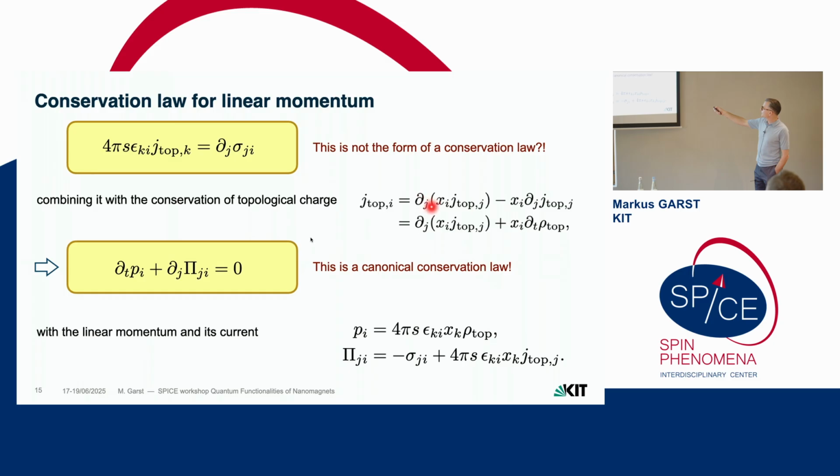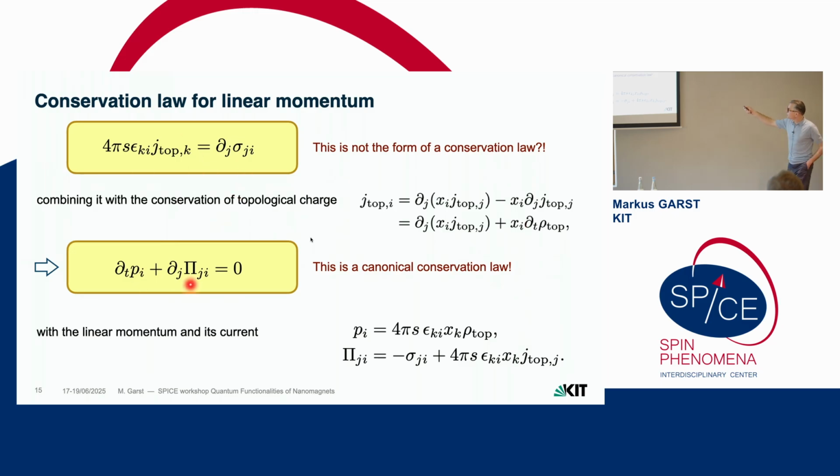If you apply the derivative to the position, you just recover the current, but then you also get another contribution which you have to subtract, right? If you apply the derivative on the current, this gives the divergence. But then you can replace the divergence with the time derivative of the density, because you have a continuity equation.